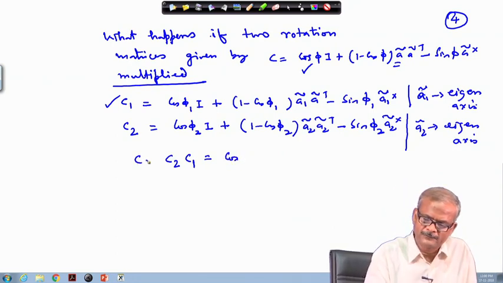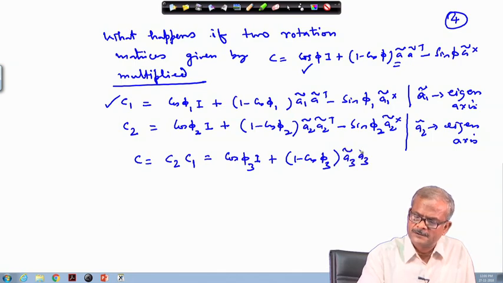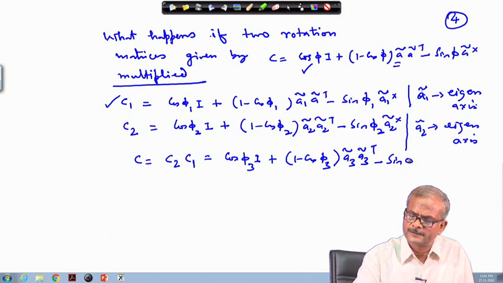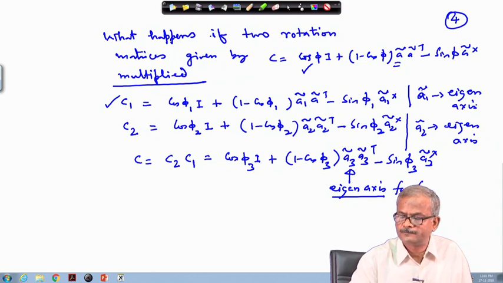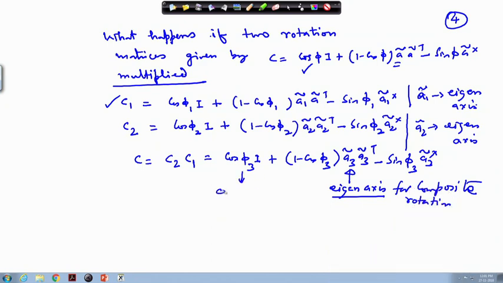cos phi 3 I plus 1 minus cos phi 3 A tilde 3 A tilde 3 transpose minus sin phi 3 A tilde 3 cross, where A tilde 3 is now the eigen axis for the composite rotation, and phi 3 is the effective or resultant rotation of operating by the C 1 and C 2 rotation matrices.